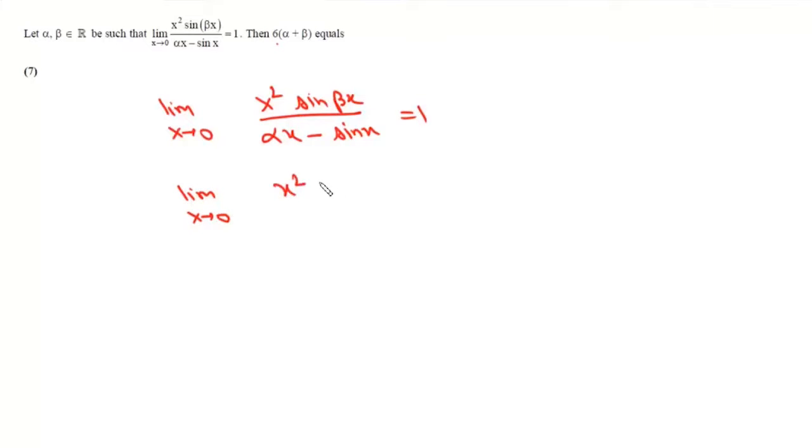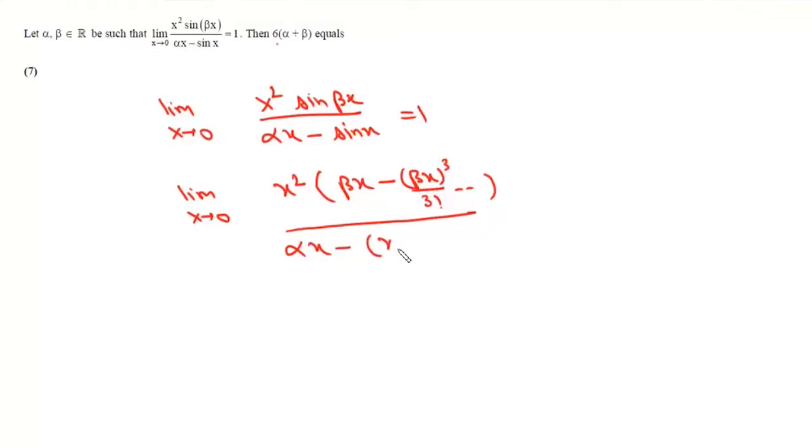We'll write this as x square, and sine beta x will be beta x minus (beta x) whole cube upon factorial 3 and higher powers of x, divided by, and in the denominator will be alpha x minus, and here will be x minus x cube upon factorial 3, and we are given that this limit is equal to 1.